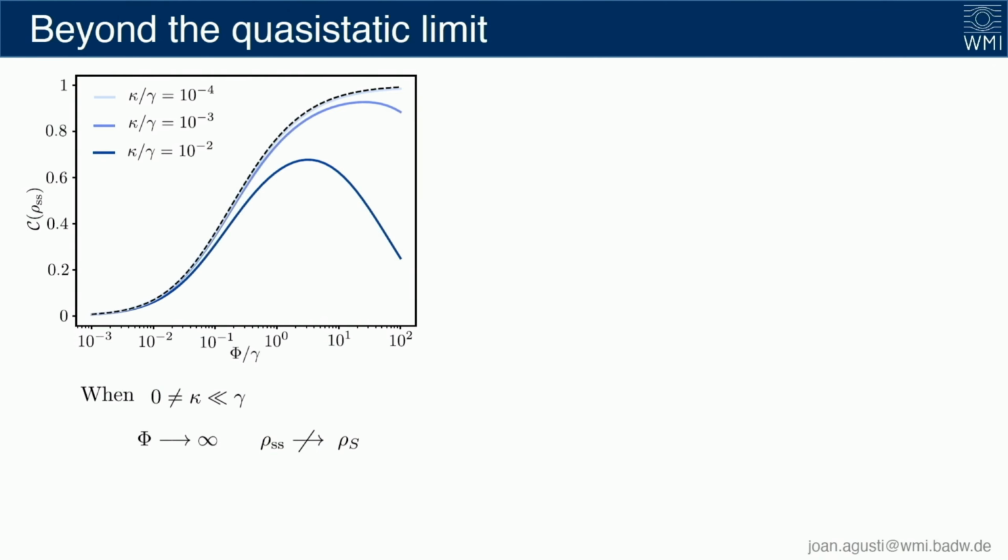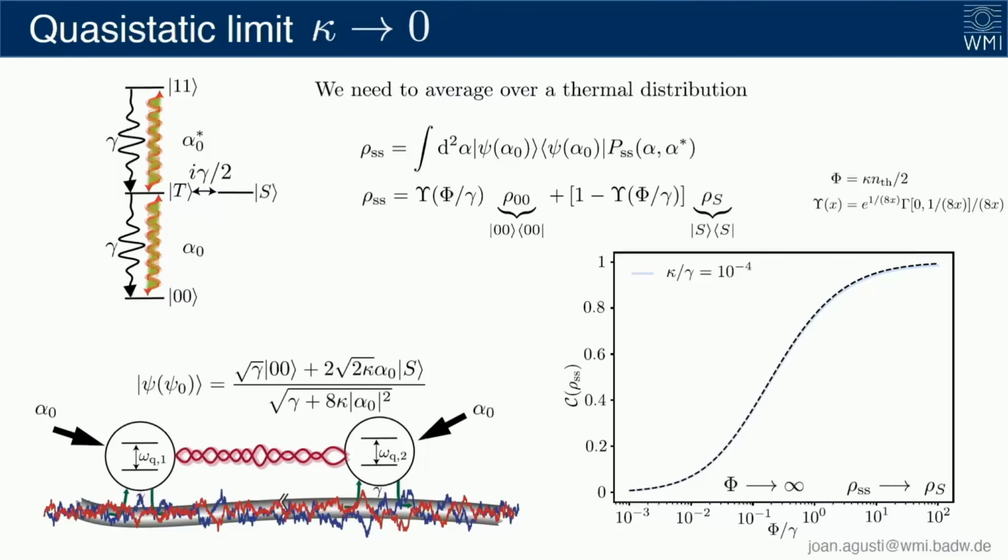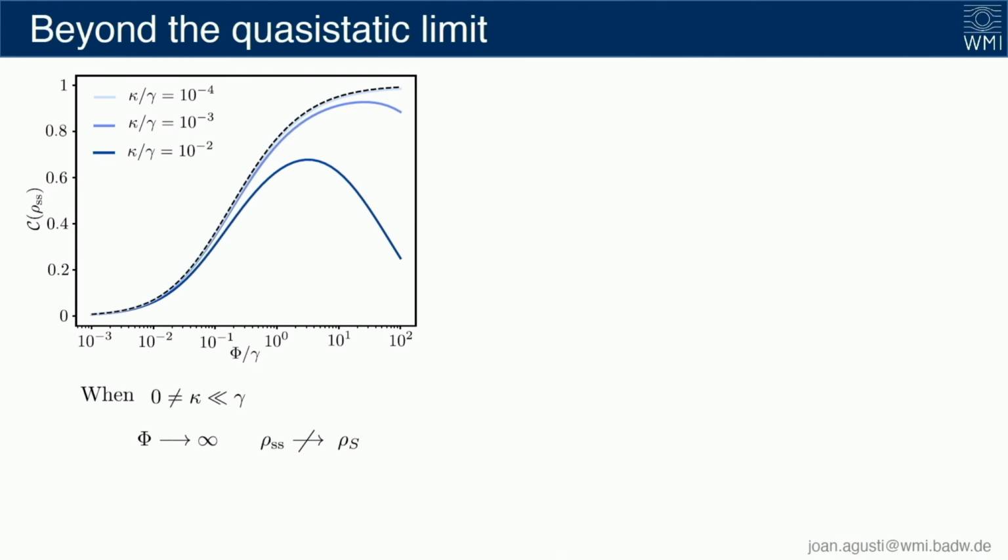But this system was quite idealized, so we just take this to be zero. I don't have time to go into the details, but we are able to work out the whole theory behind it, even going beyond the quasi-static limit. And what we found is that entanglement is always bounded. In realistic systems, when you increase the flux variable, you will always reach a plateau, a dome.